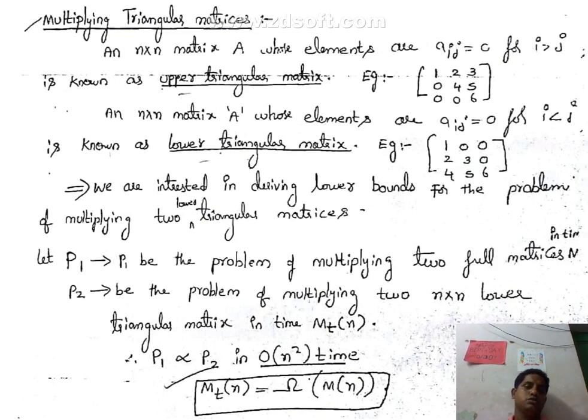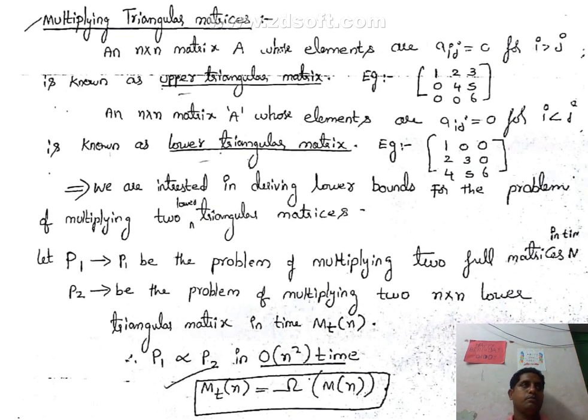Here are two triangular matrices, the upper triangular matrix and the lower triangular matrix. We are interested in deriving lower bounds for the problem of multiplying two lower triangular matrices.